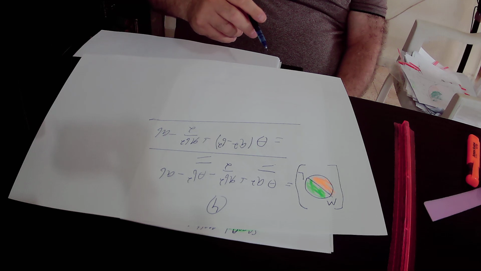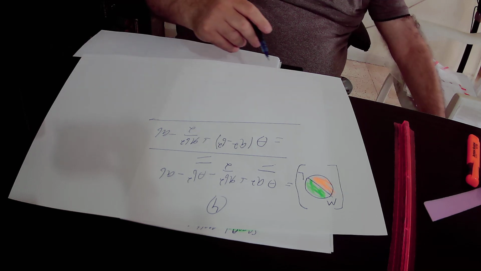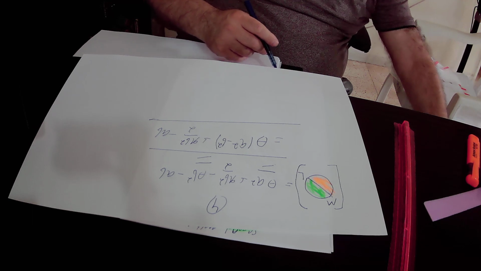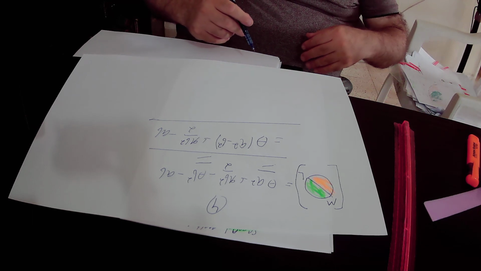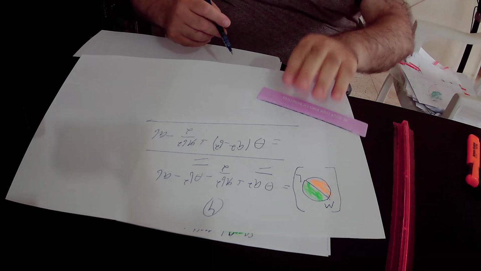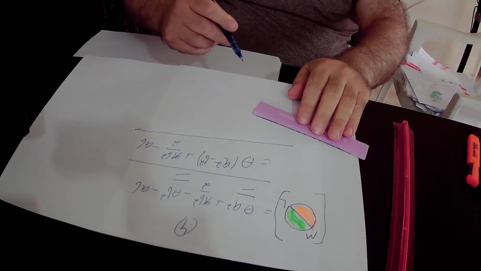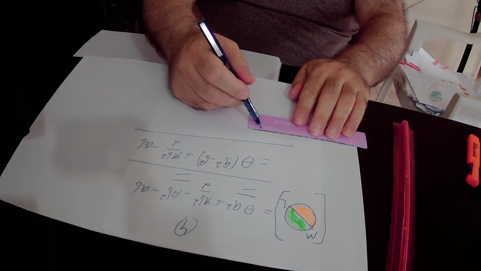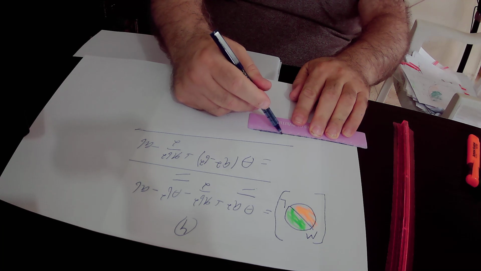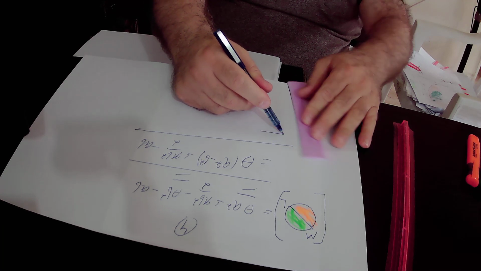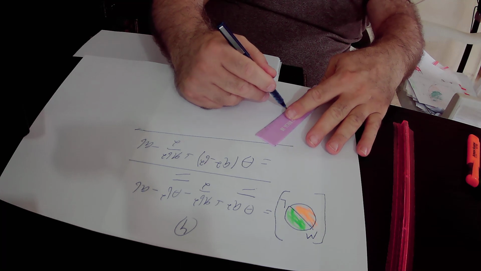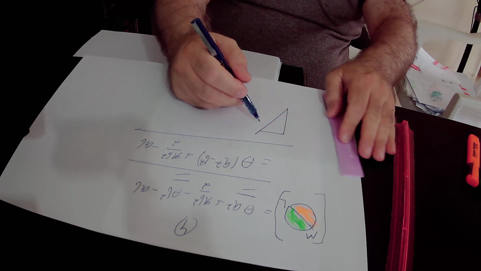So, in order to find out the value of theta, I will draw the right triangle MON that contains angle theta, and will derive the value of angle theta from this right triangle.